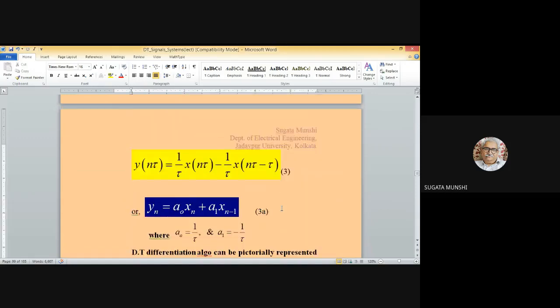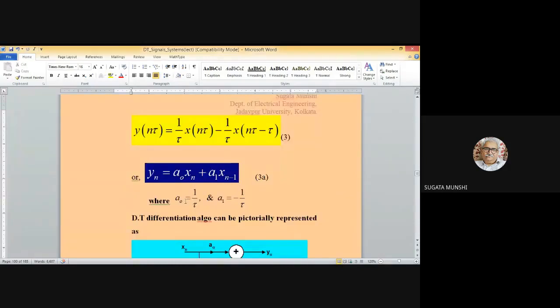So this is the expression. In a general form, you can write it as y[n] equal to a0 x[n] plus a1 x[n minus 1], where a0, coefficient a0 of this backward difference relation, is 1 by tau. Tau is the sampling interval or sampling period, and a1 is minus 1 by tau.